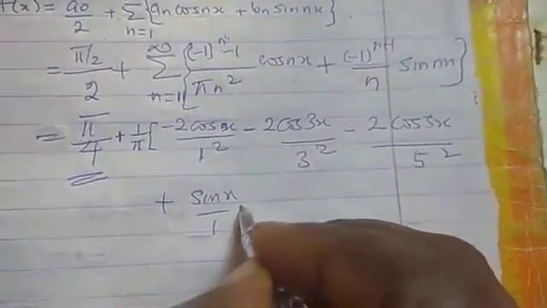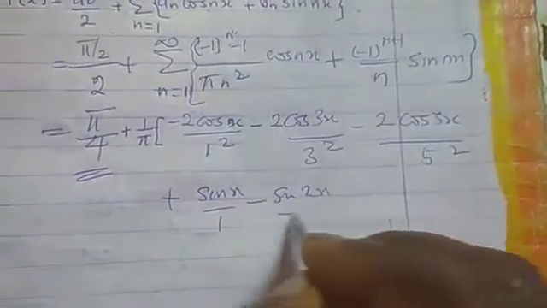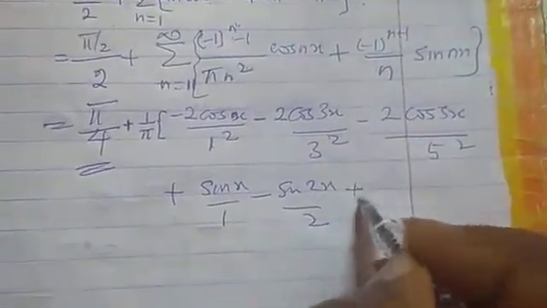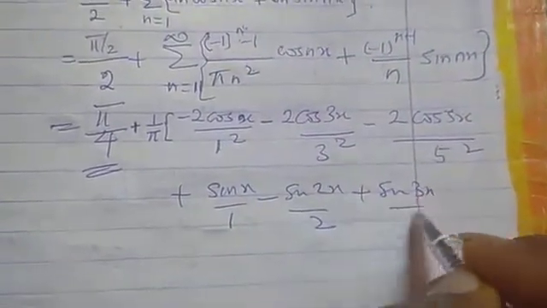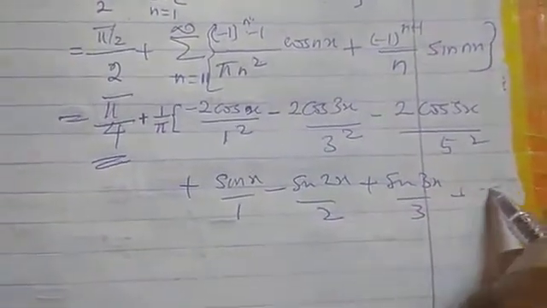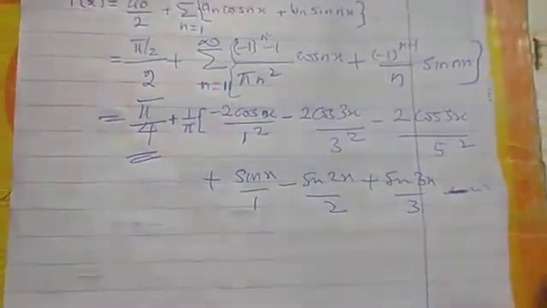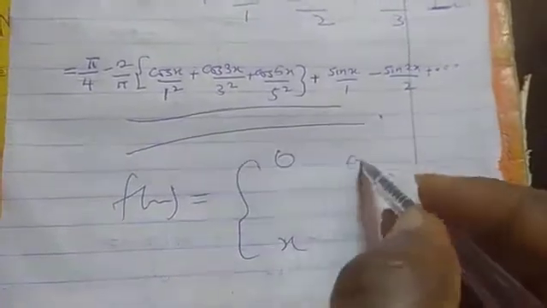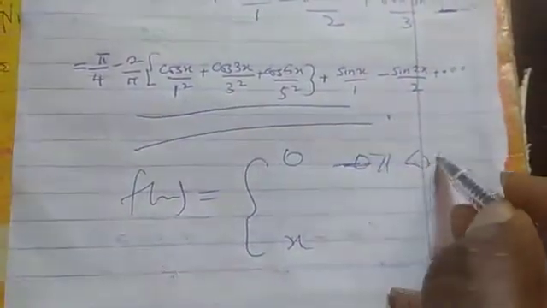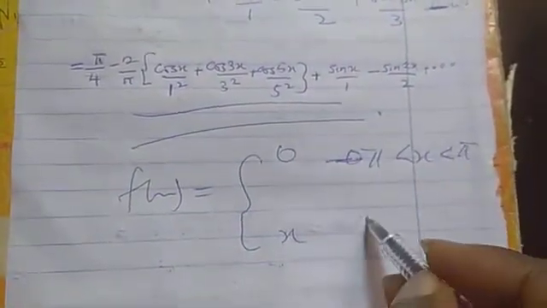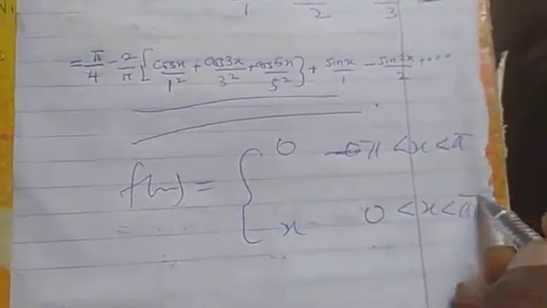If you put n to be 2, that is minus sine 2x over 2, like that, plus sine 3x over 3, to infinity. So which I can finally write out. I've written them together, so they will become this. So this is the Fourier series representation of that given function, 0 for minus pi less than x less than 0, and x for 0 less than x less than pi.